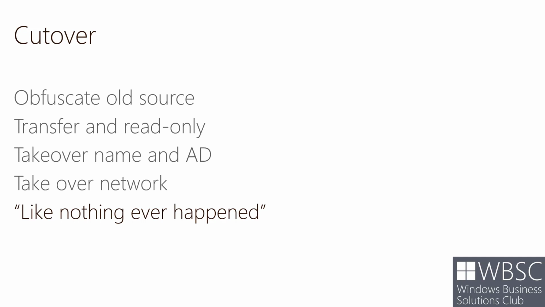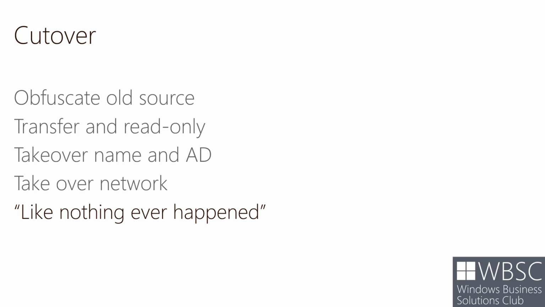We have a takeover of the name and Active Directory, and a takeover of the network. When we finish with the cutover, we have everything on the new physical or virtual machine, on a new operating system version, and it acts as if nothing ever happened. We do not have to reconfigure logon scripts, adjust network paths, or change drive mappings.